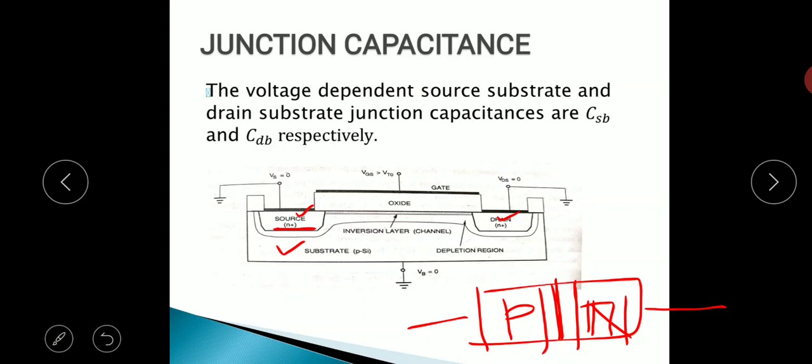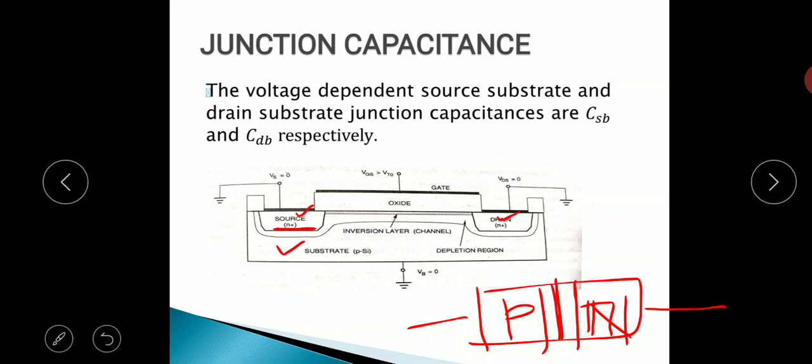CSB and CDB are functions of source voltage and drain voltage because they modulate the depth of the junction. Capacitance depends on the depth of the junction. As junction depth increases, the capacitance decreases, means if we give reverse bias, the depth increases and capacitance decreases.